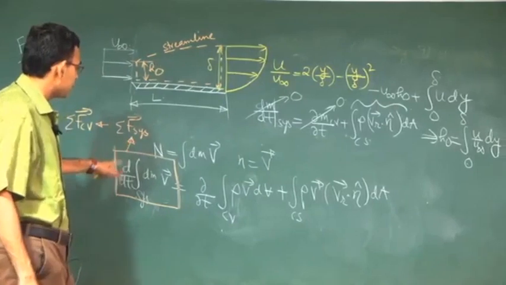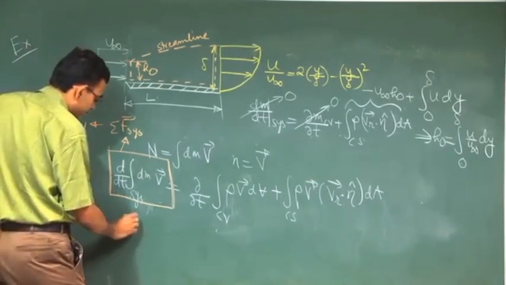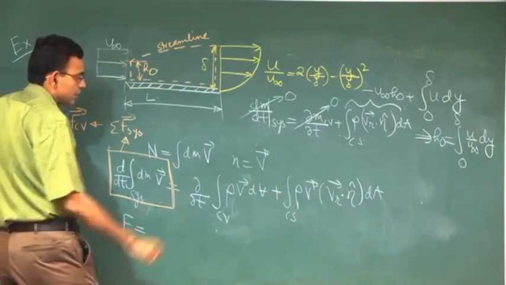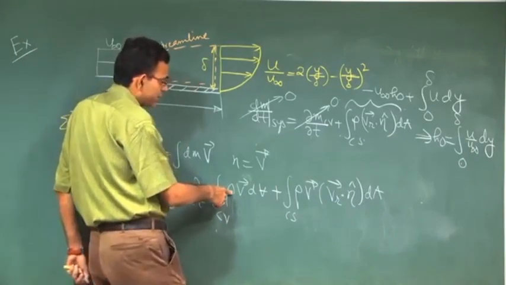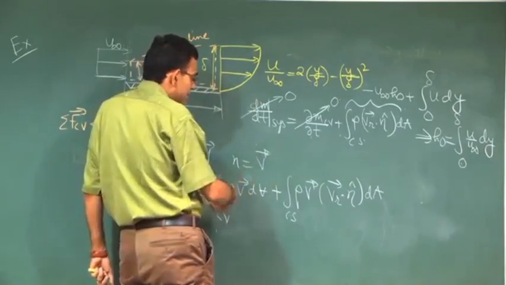Finally we will apply this momentum balance. So the resultant force: rho is fixed, v is also not a function of time, so this term is 0.